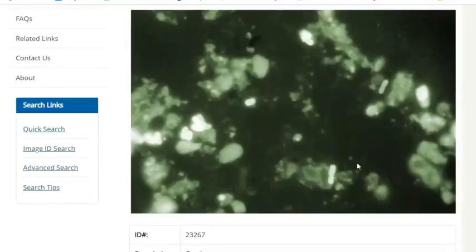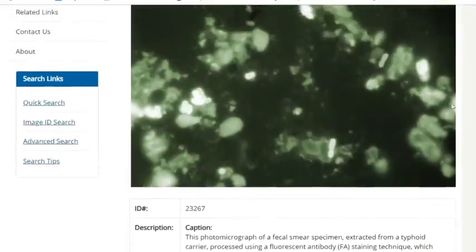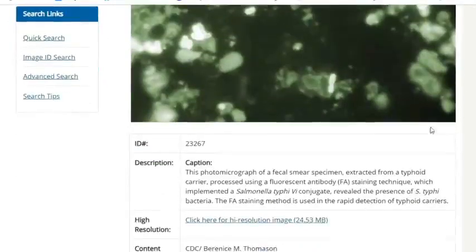That looks like grains of rice. So this is an antibody for some kind of typhoid.